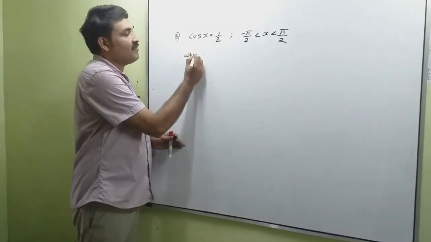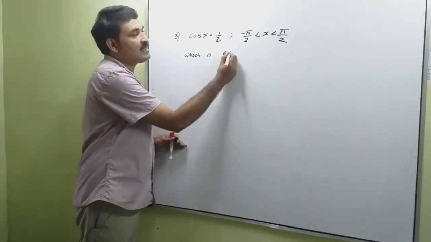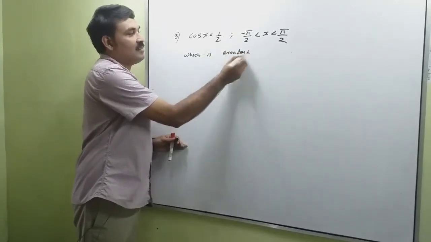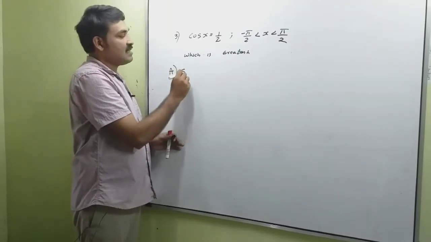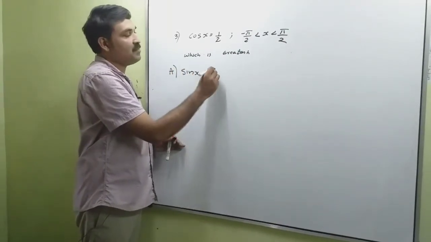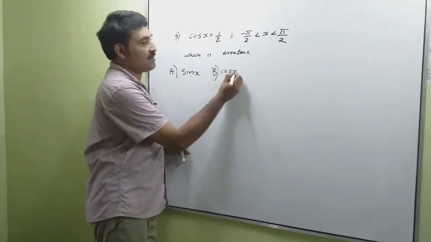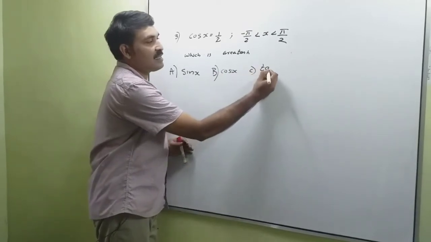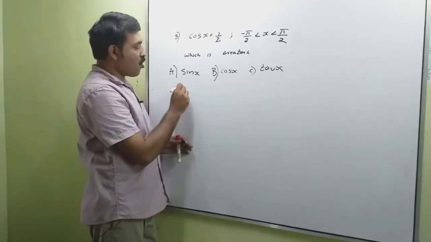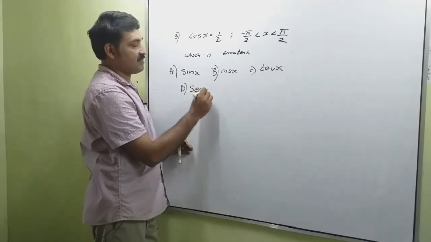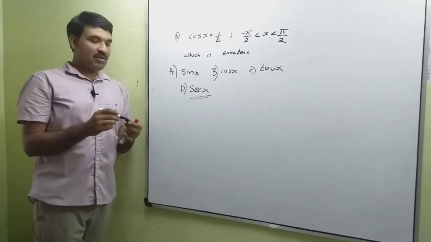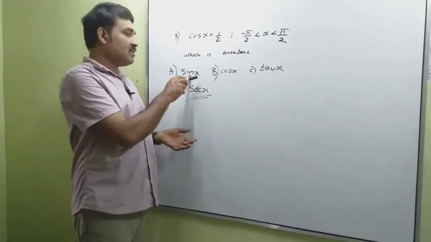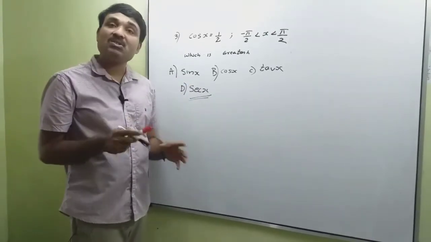Option A is sin x. Option B is cos x. Option C is tan x. And option D is secant x. So among these choices, which is the greatest value?